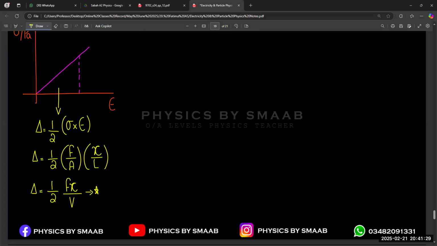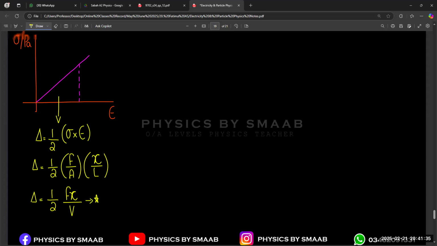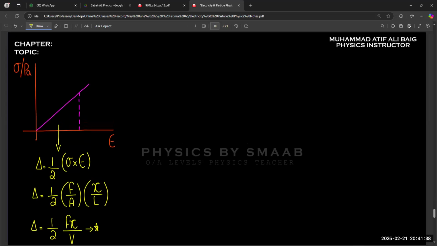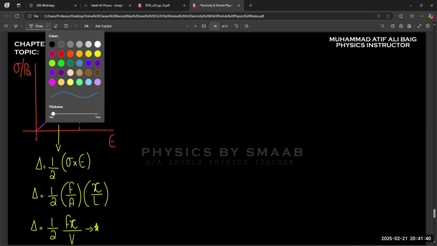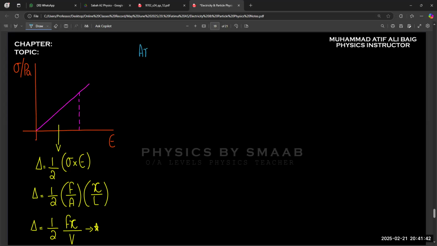So this is the value we derive from the graphical representation of stress and strain. So basically, the area under the curve is equal to strain energy divided by the volume.